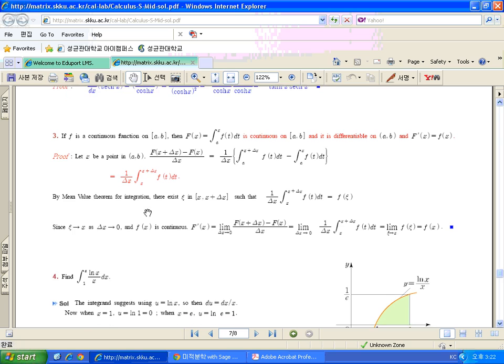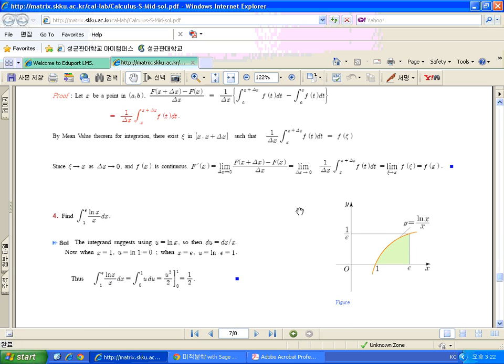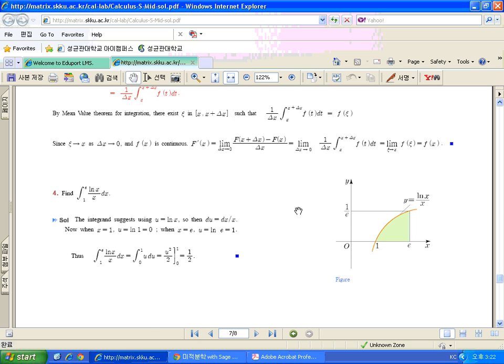This is actually one of the problems in the textbook exercise, and this was made as a box problem, so you can go through it to check the reading ability of mathematical writing.